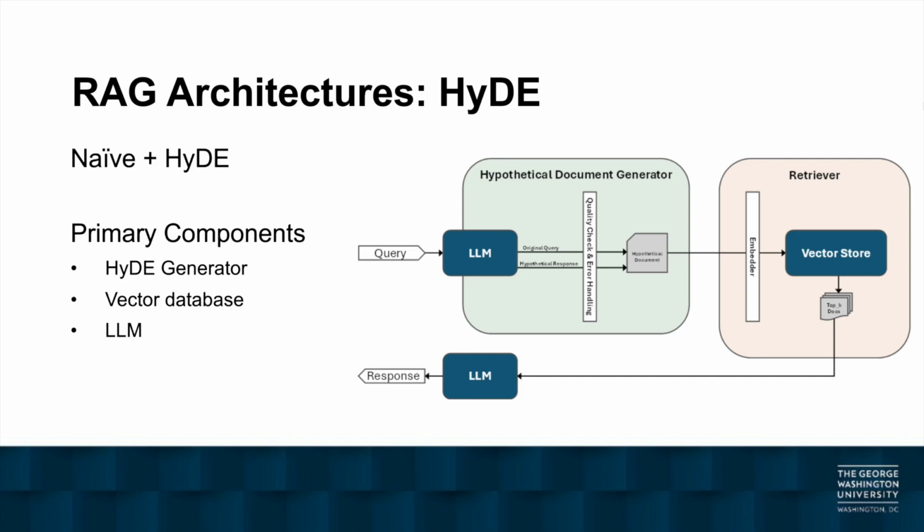The LLM first receives an input query and then generates a hypothetical response to it. It then combines both the original query and the hypothetical response into a single hypothetical document. This document is then embedded and sent through the standard retrieval and response generation process.